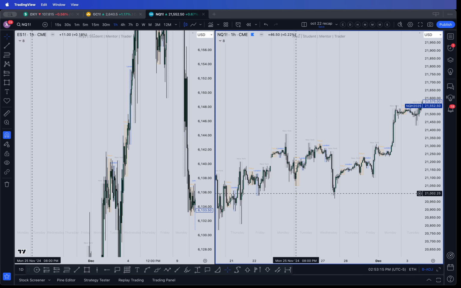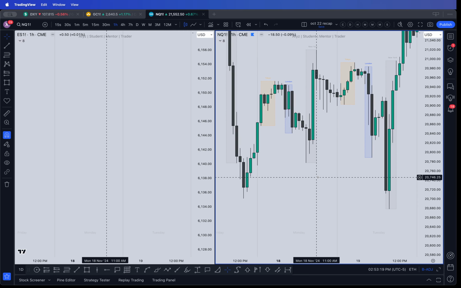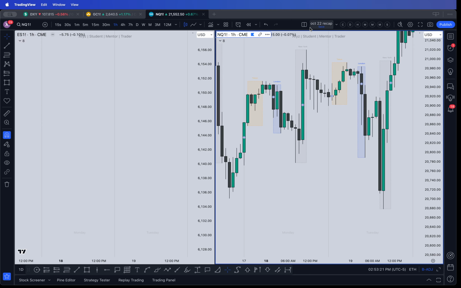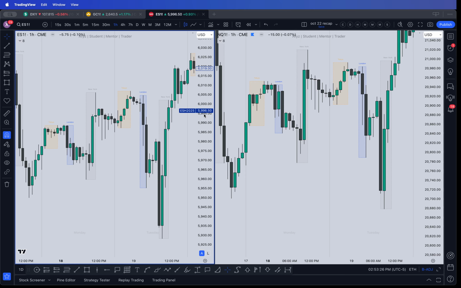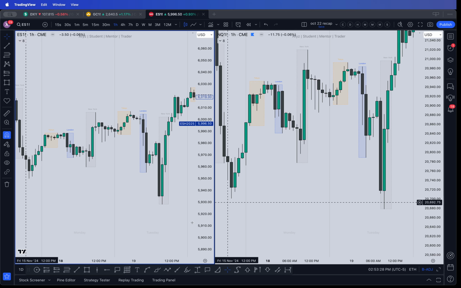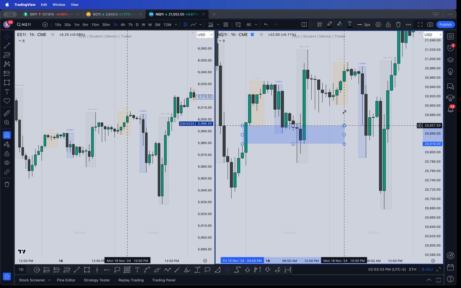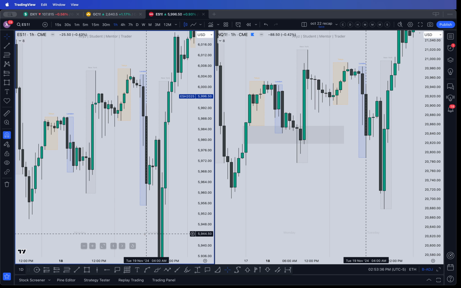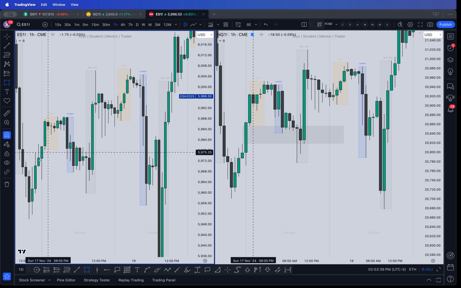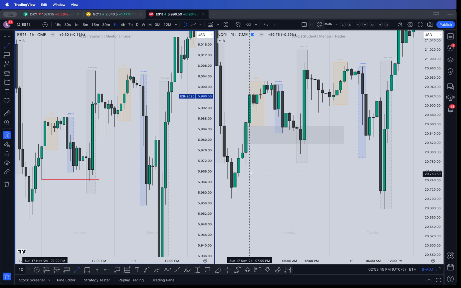So if I pick any random 1-hour continuation model. Oh, it's not syncing. Okay. Let's look at this fair value gap right in here. I'm just going to mark out the SMT that forms on this time frame as well.